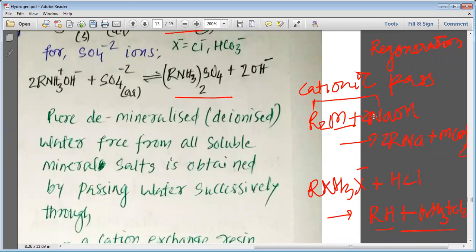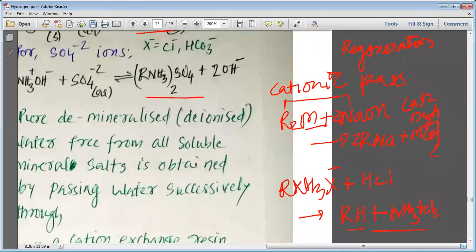We know that this M is Ca plus 2 or Mg plus 2, and that is why this Ca plus 2 and Mg plus 2 will give 2RNA. We need even 2 NaOH, and we will get MOH twice. So this is how we get the RNA back, we get RH back.